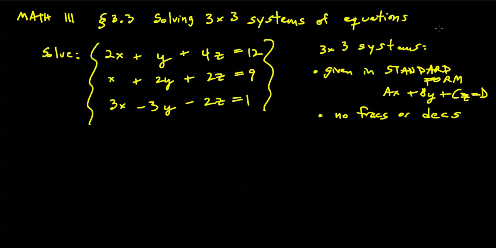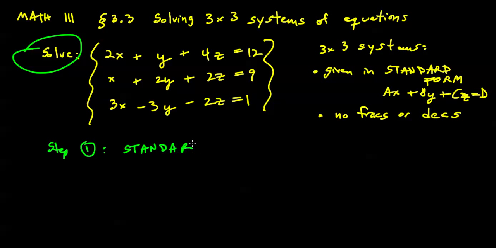The book has a 6-step process here. Now don't panic. Let me write down the steps. Step 1, when asked to solve systems of equations of this type, is to get each of the equations in standard form, and of course we agreed that will already be done for you in the problem statement.